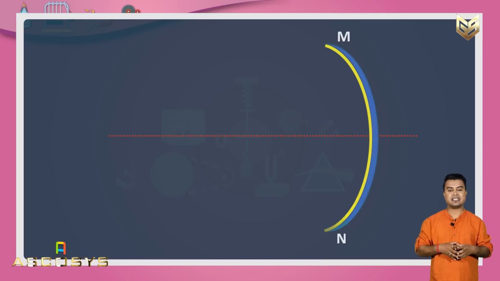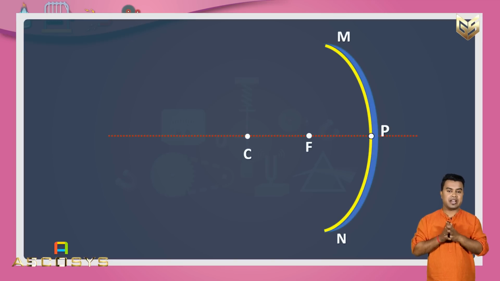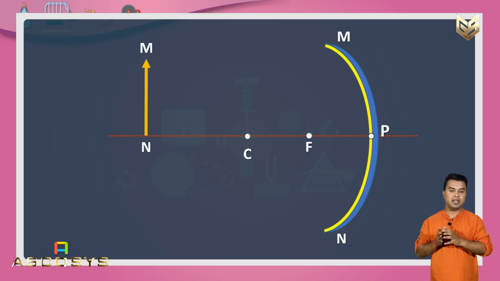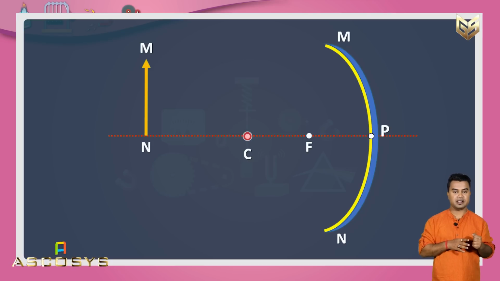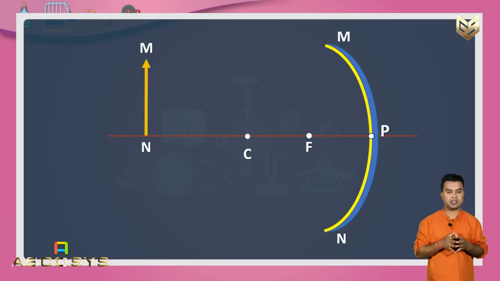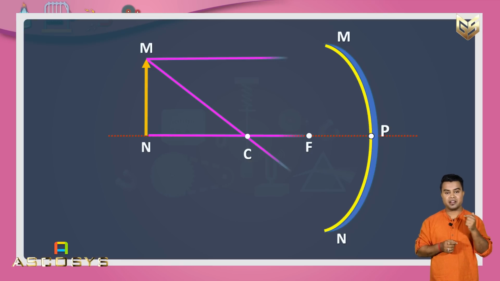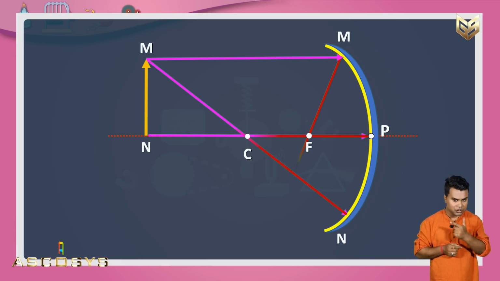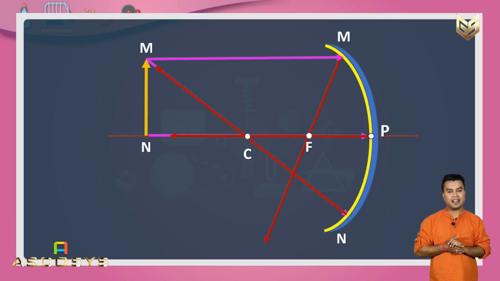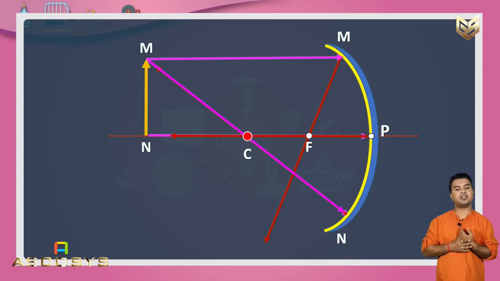Now, in the second case, let us see when the object MN is kept beyond C. Let us make the ray diagram, this one is going to be interesting. Whenever a parallel ray strikes the mirror, it will pass through the focus, one ray gone. Now, for the second ray where intersection is required, let us take the ray that passes through the center of curvature.